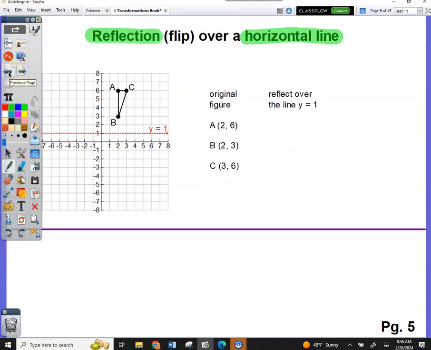Now, I've already graphed the lines for you on here. We are going to practice graphing them ourselves, but the first two I wanted to graph for you. But let's just pretend like they're not even graphed. It says, reflect over a horizontal line. Okay?